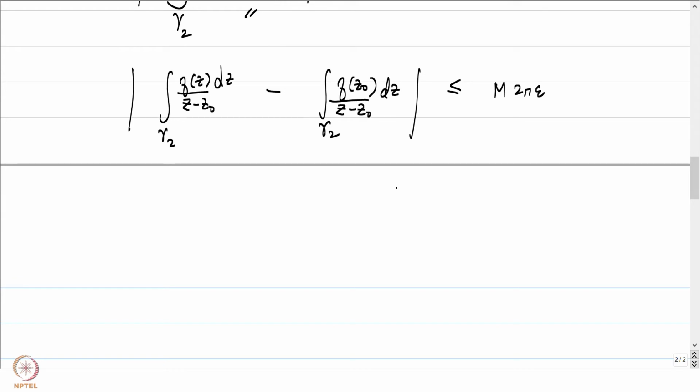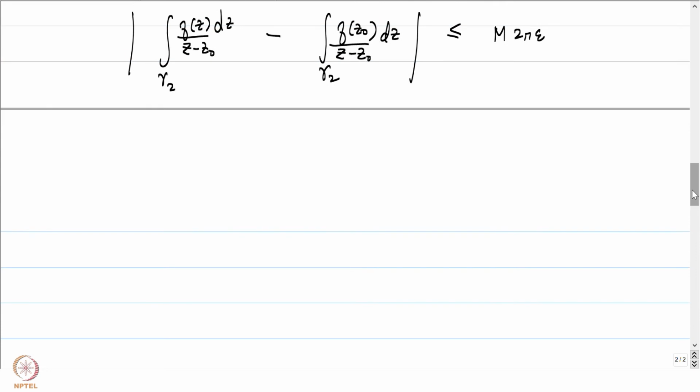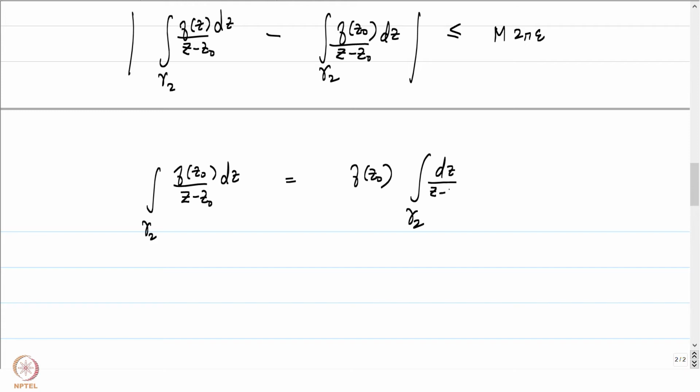Let us now look at each of the integrals separately. Let's look at the second quantity first. F of z naught is a constant, so this is going to be f of z naught times the integral over gamma 2 of dz by z minus z naught.